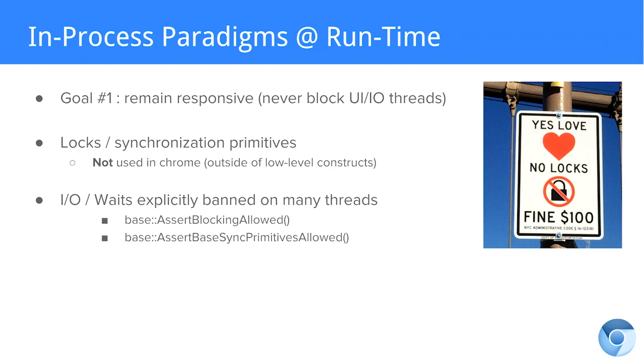File I/O and waits, like waitable events, are banned on most threads. So if you try to use those on threads where you're not allowed, you're going to hit asserts. You're going to try to do something, and it's going to say ASSERT_BLOCKING_ALLOWED here. And if you're on the main thread, it's going to DCHECK in a DCHECK build. Base ScopedAllowBaseSyncPrimitives is similar.